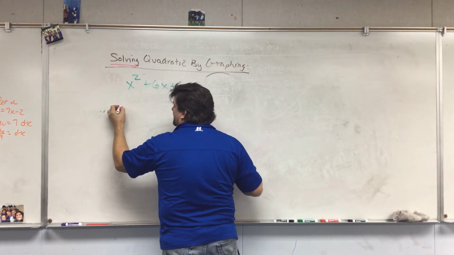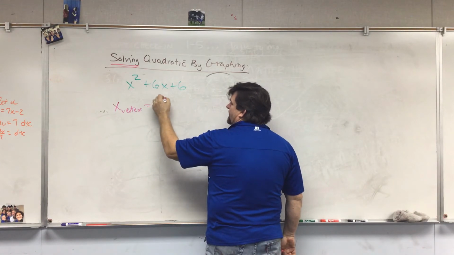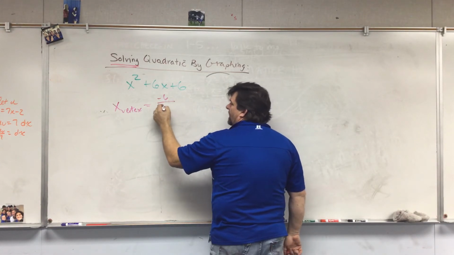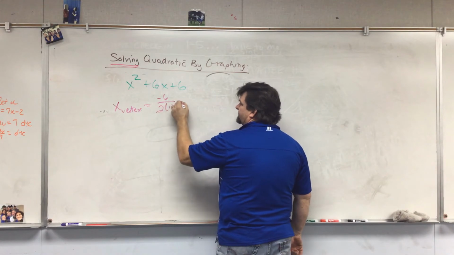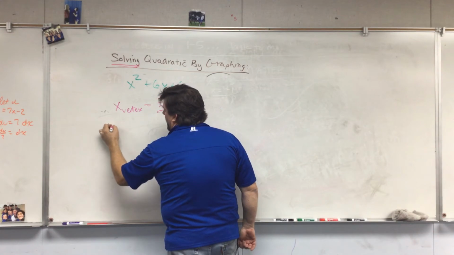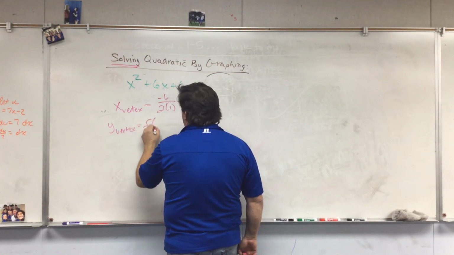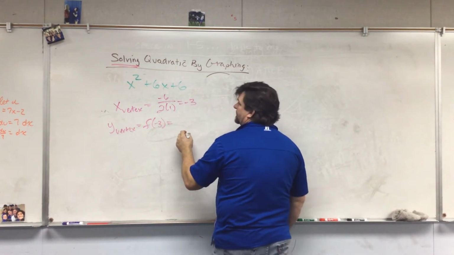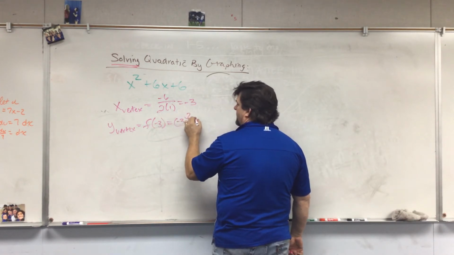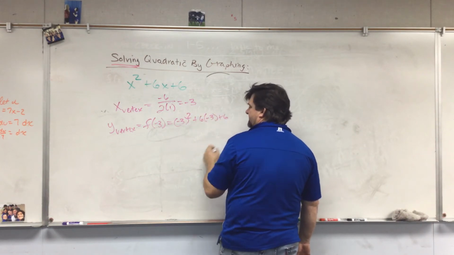So we have x of the vertex is equal to negative b, negative 6, over 2 times 1, which is negative 3. And so our y of the vertex is equal to f of negative 3, which is equal to negative 3 squared plus 6 times negative 3 plus 6.